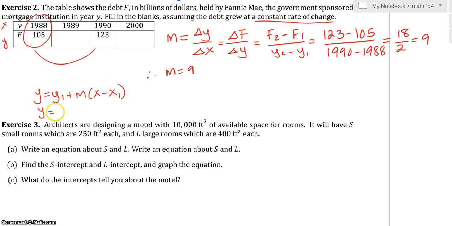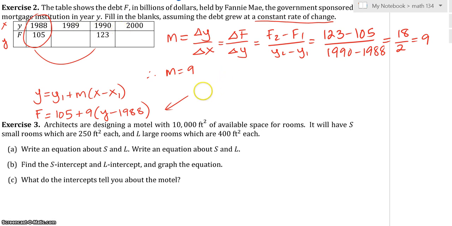Again, very bad notation. The y is like the F here, so I'm just going to make that an F. Then the y1 would be the 105. The m is 9. The x is like the Y. I know that's bad notation. Minus 1988.